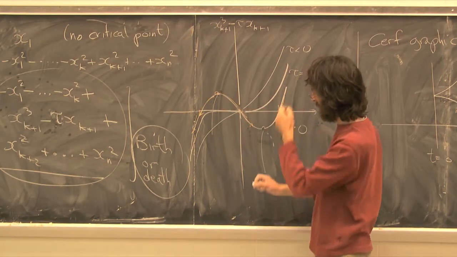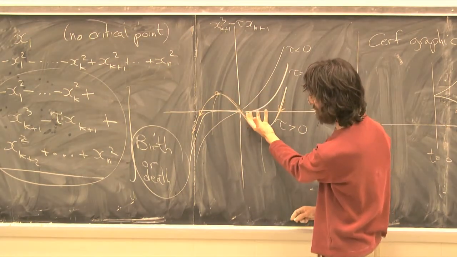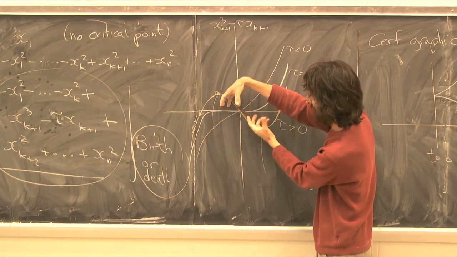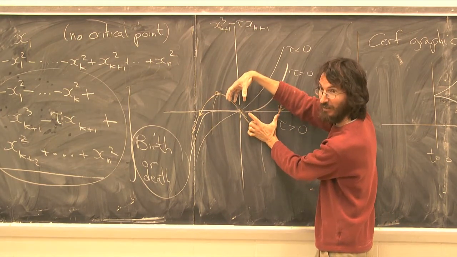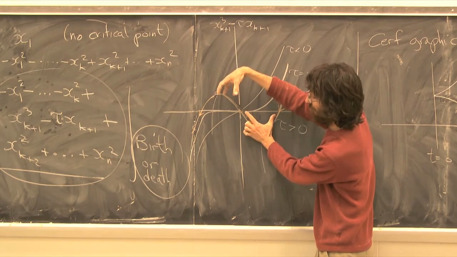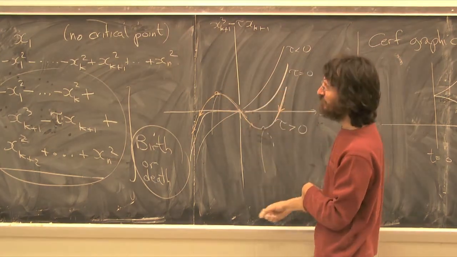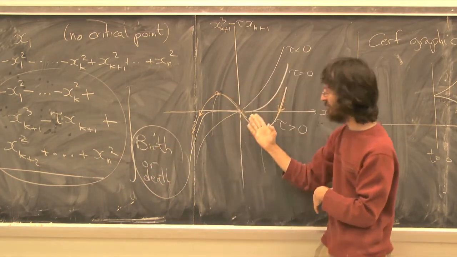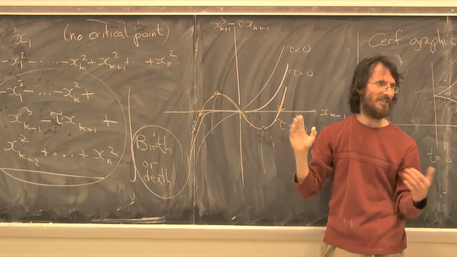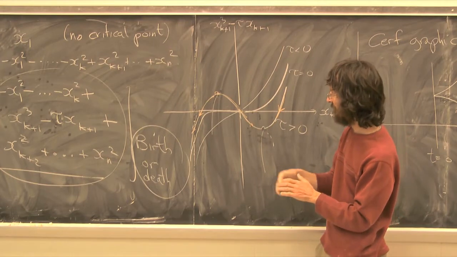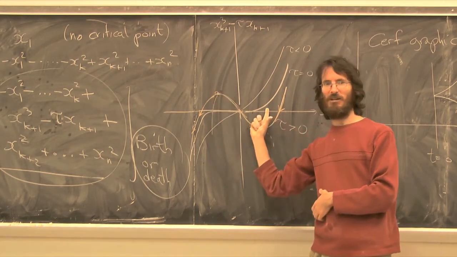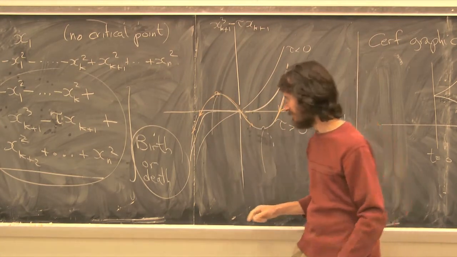And what happens to the ascending and descending manifolds here? Here's this ascending manifold, here's this descending manifold, but the ascending manifold is just an arc here, and the descending manifold is a disk on the intersection of the point. If you include these coordinates instead, you can always pick which one you want to include and still get a three-dimensional graph, then this goes up and this goes up.